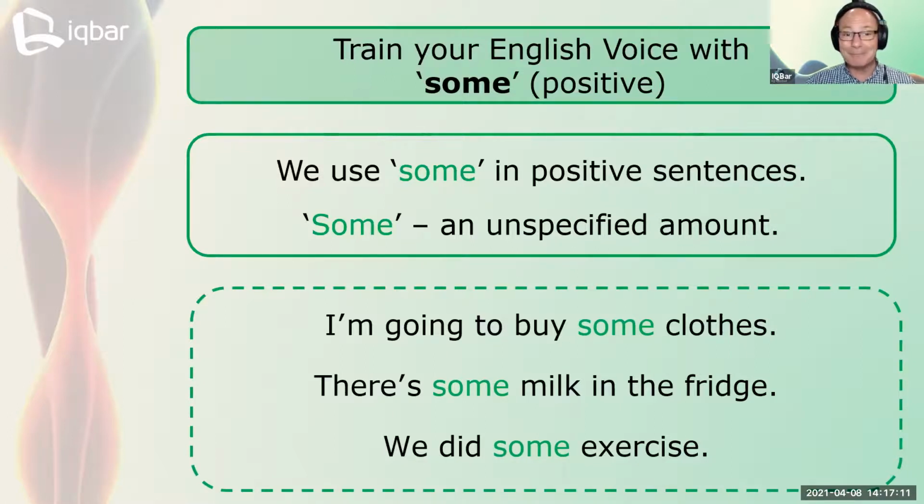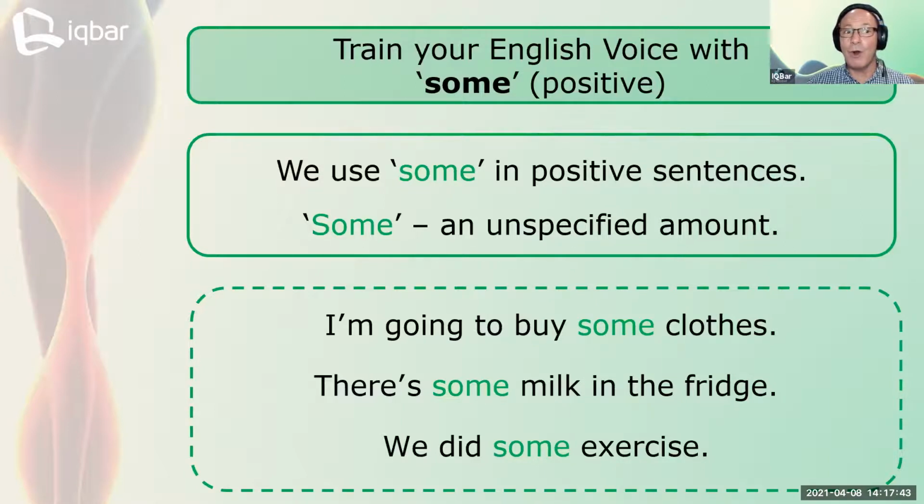Let's look at the next one. There's some milk in the fridge. Now, in this sentence, we use the word some because milk is an uncountable noun. So, no amount. We can't count it. So, therefore, we use the word some. There's some milk in the fridge. The last example. We did some exercise.